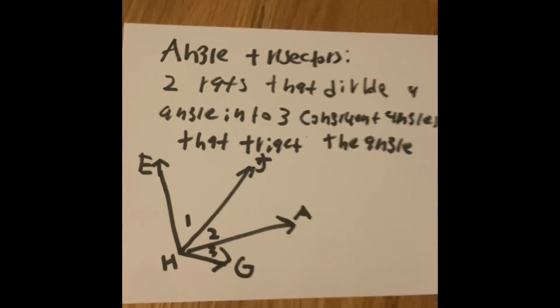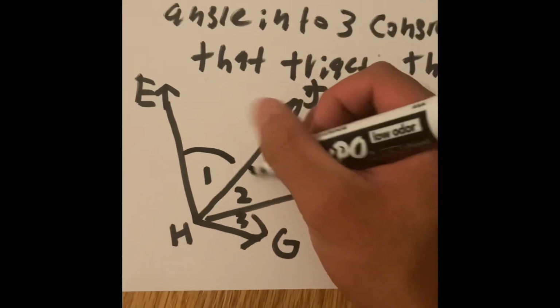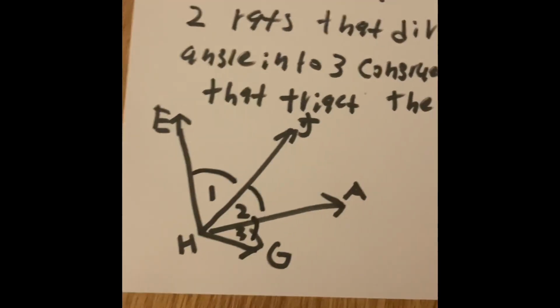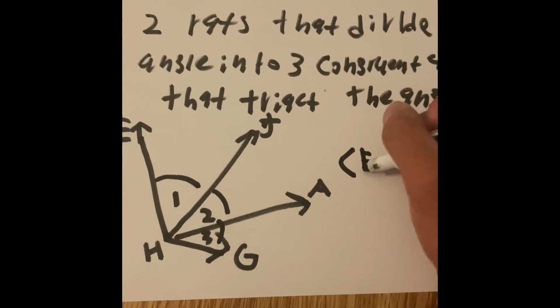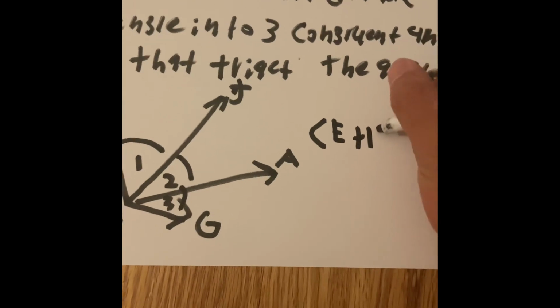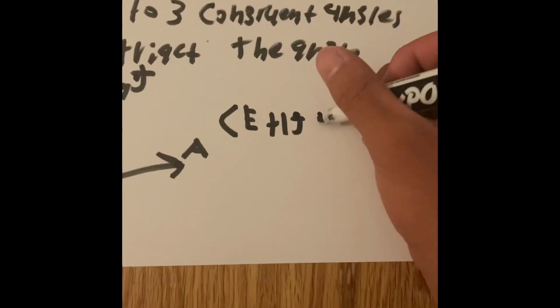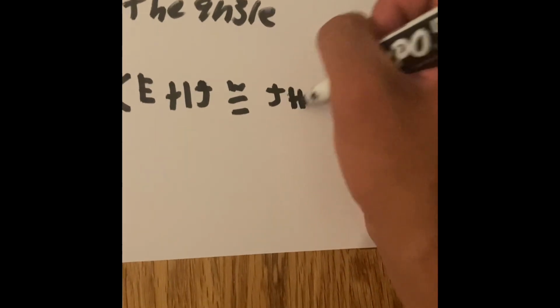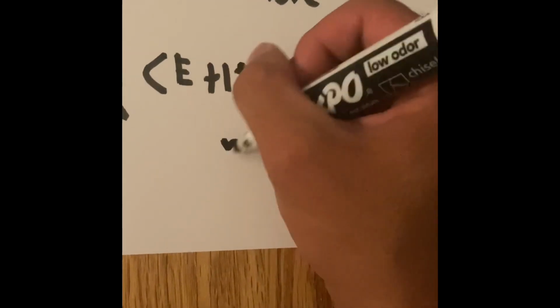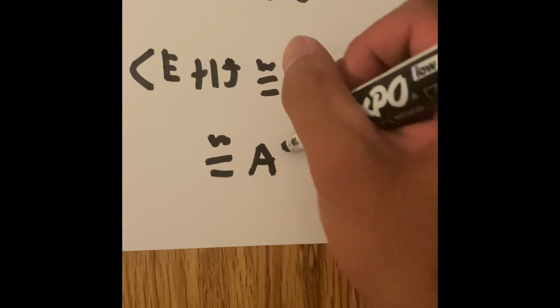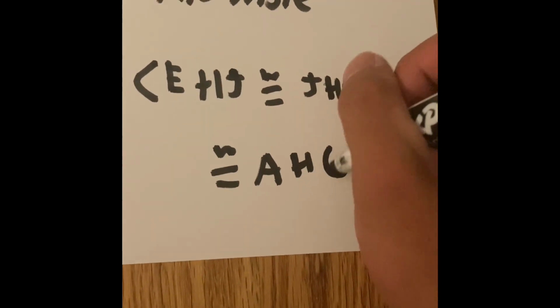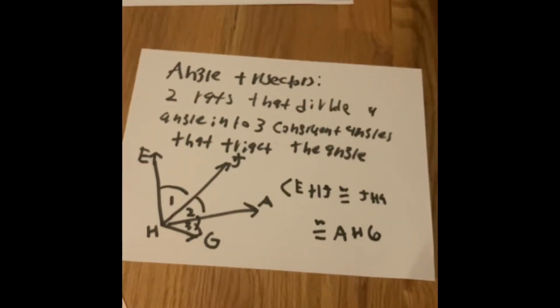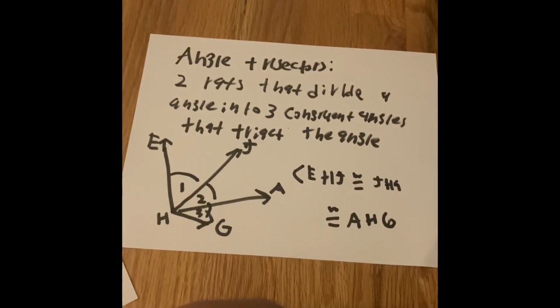If they're all congruent angles, we can explain that angle EHJ can be congruent to angle JHA, can be congruent with AHG. So it works just like the last one, but instead you're talking about angles.